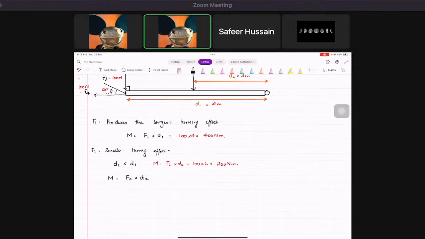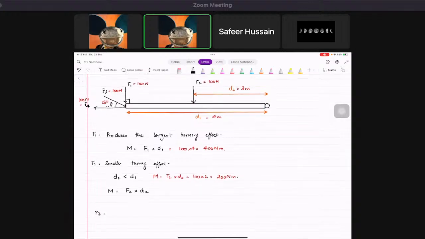Now if we talk about F3, which was angled, you need to understand that it also produces a smaller turning effect. The reason is that it's not entirely perpendicular. So if it's not entirely perpendicular, we need to figure out the perpendicular force, and the perpendicular force in this one would be just here.